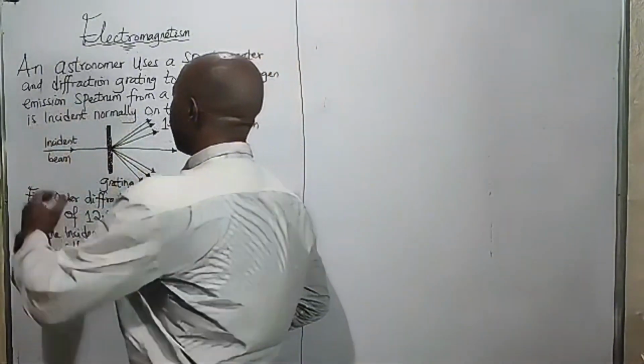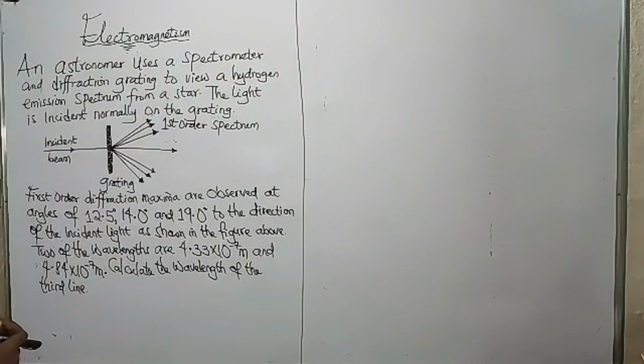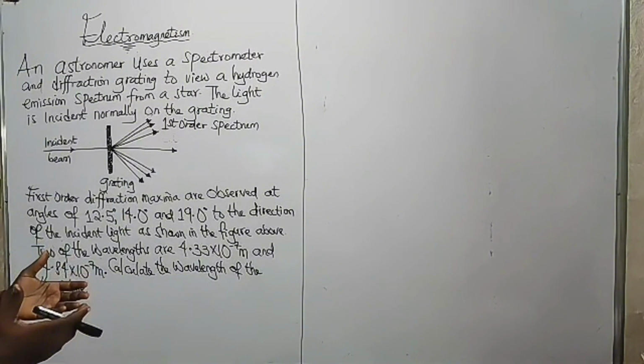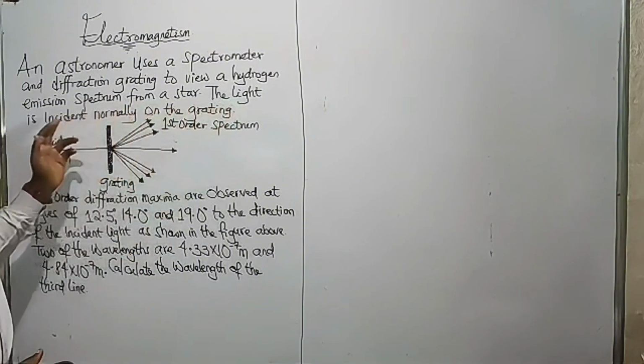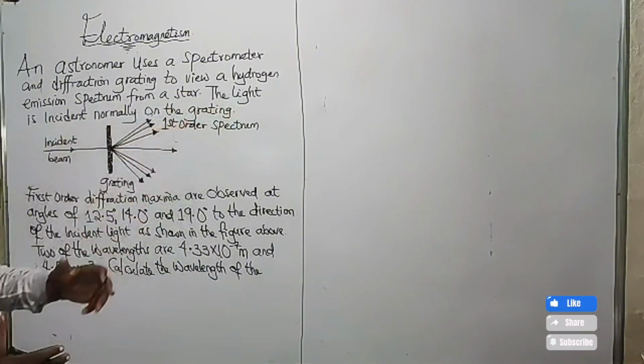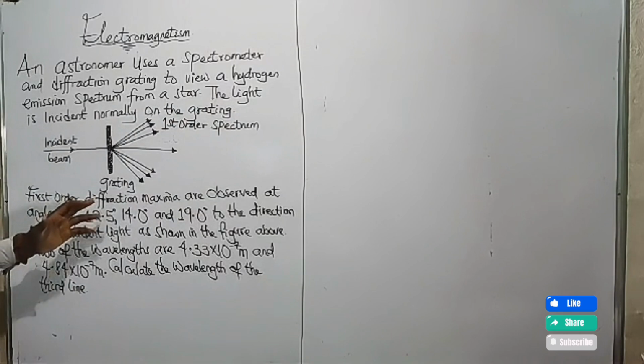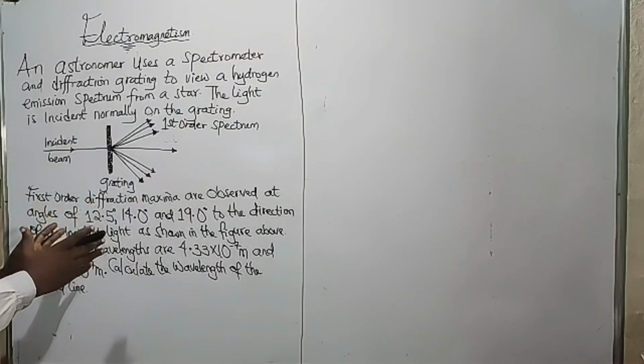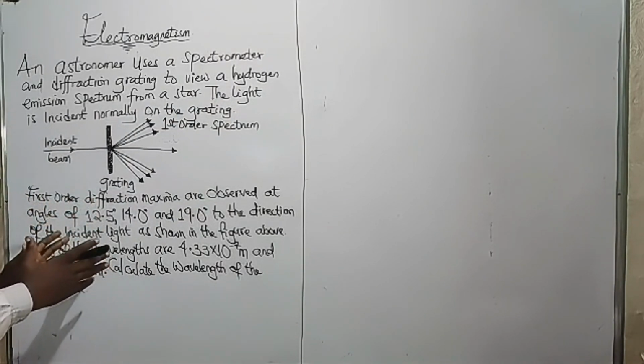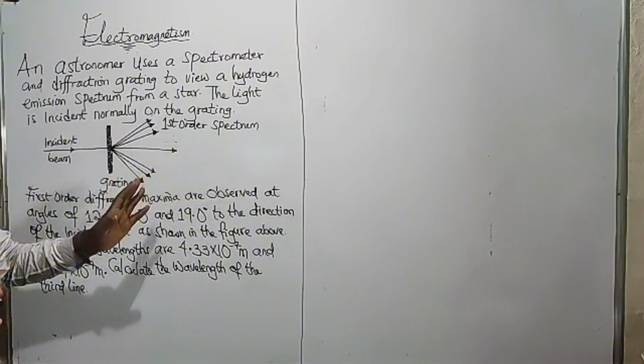So we have here an astronomer who uses a spectrometer and diffraction grating to view a hydrogen emission spectrum from a star. The light is incident normally on the grating. We have the first order spectrum.